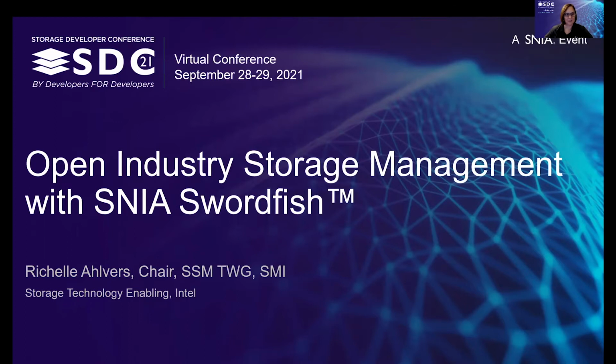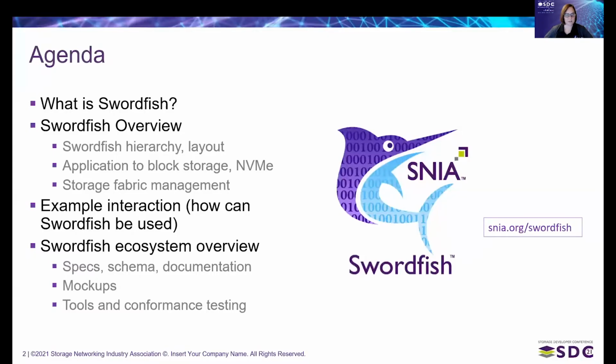Today, we're going to talk a little bit about what's going on with SNIA Swordfish. And to kick that off, we'll start with an overview of Swordfish. So what is Swordfish? What's the hierarchy layout? What's the applicability to various types of infrastructure and what's going on there?